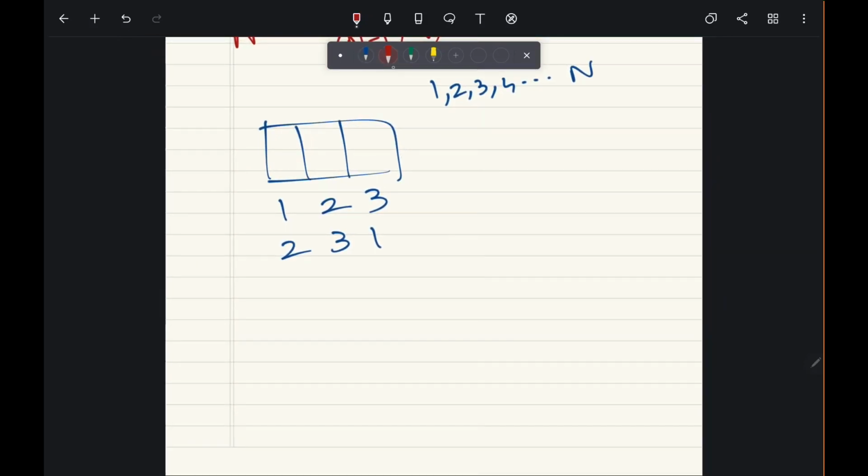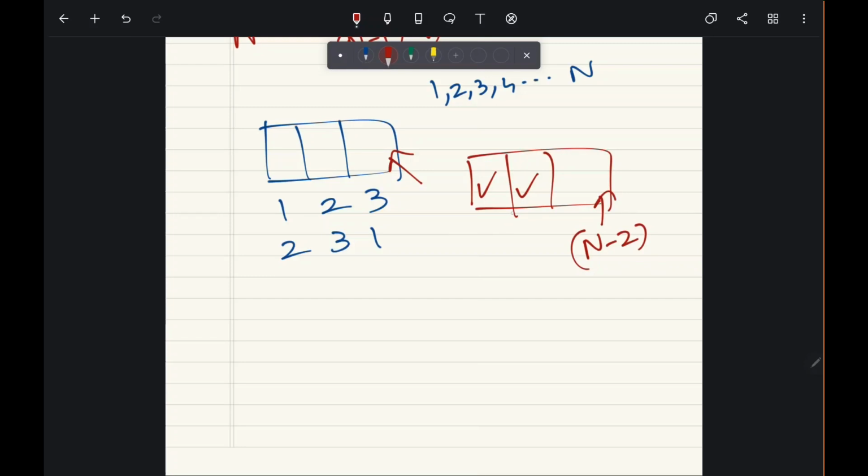So let us focus on just the last box. How many choices would I have for the last one? So let's say I picked something here, right? So I filled this one, I filled this one. So basically I used up 2 of the numbers, right? So for this one, I would have n minus 2 choices, right?